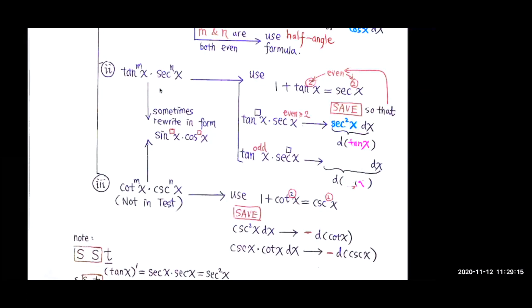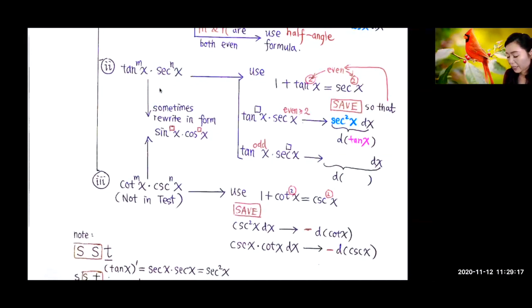So what happens when the exponent for tangent is odd? What should we do? We want to save one tangent x so that the remaining power becomes even.